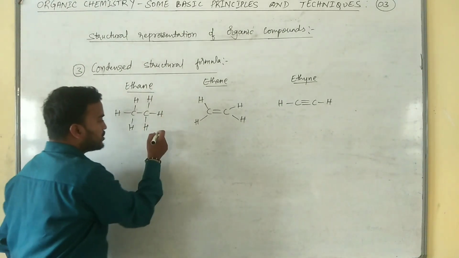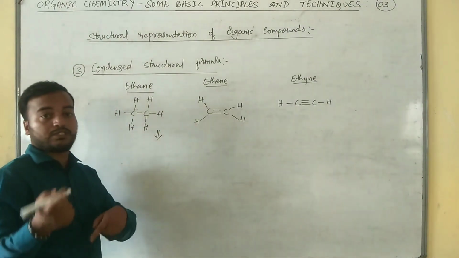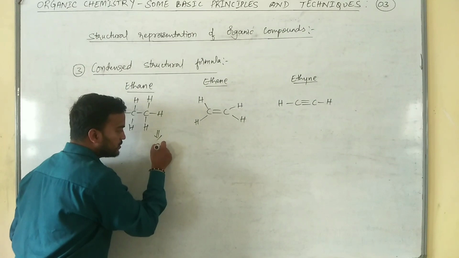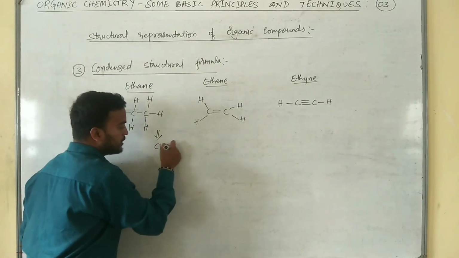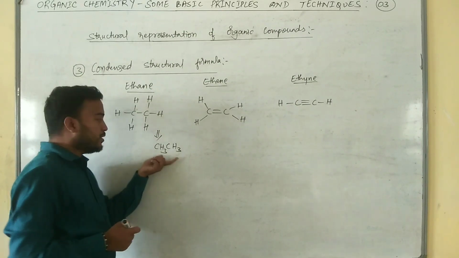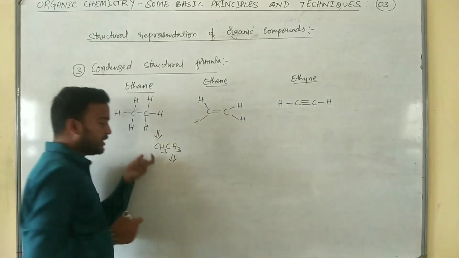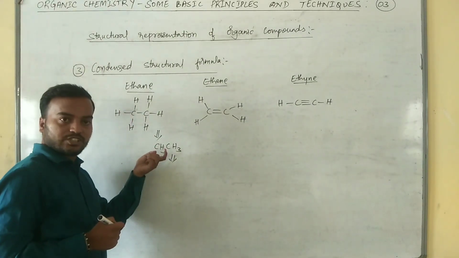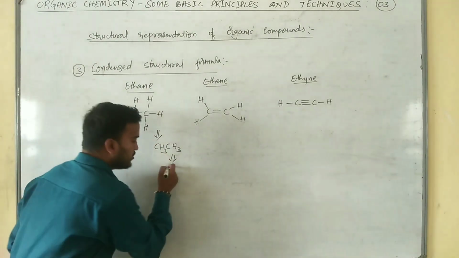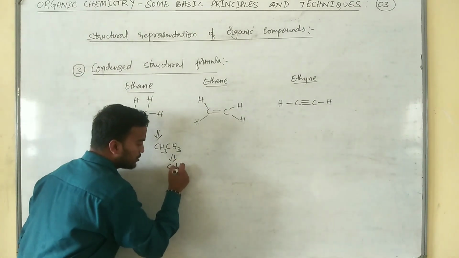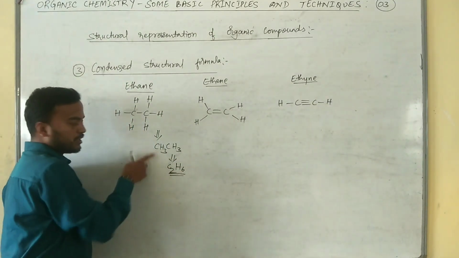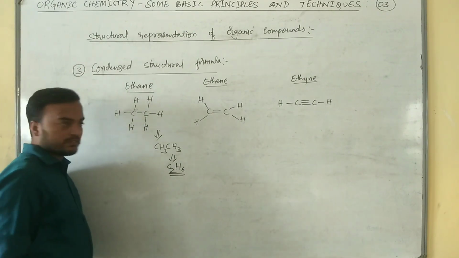It can be further condensed to carbon with 3 hydrogens, and one more carbon with 3 hydrogens. So this is the condensed formula. This condensed formula, CH3 CH3, we can condense again and write as carbon, 2 carbon atoms C2, 6 hydrogen atoms, C2H6. So these two are the condensed formulas of ethane.